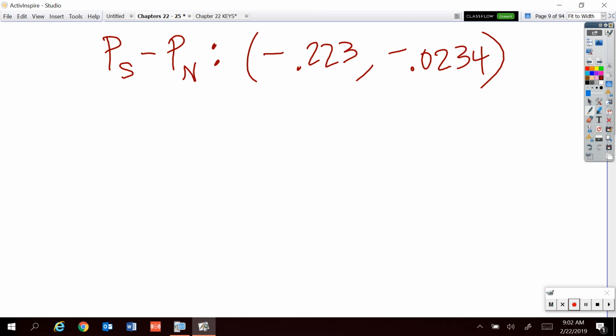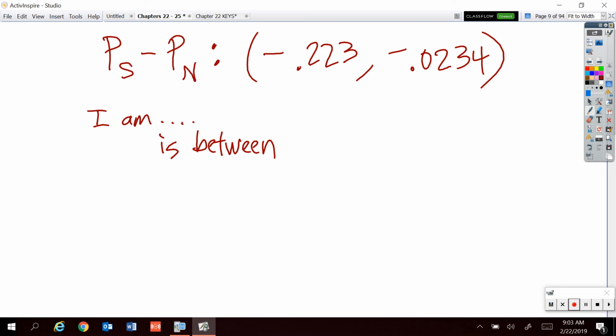But here's the thing. When I would write my conclusion for this, I am 95% confident that the true difference in the success rate is between, okay? Now, how would it make sense to write this number in percentages? Would it make sense to say to somebody, hey, guess what? Negative 22.3%? No, you are not. And that is why you have a brain and you are a human, to convert this context correctly.